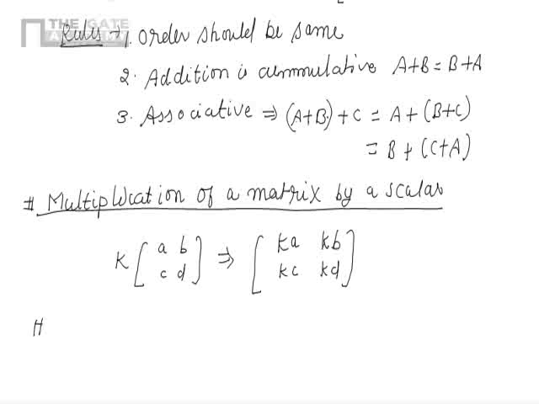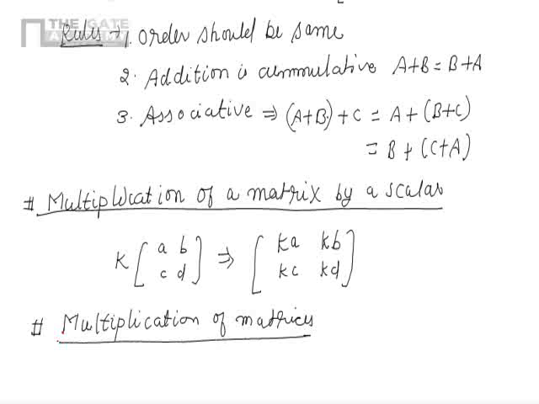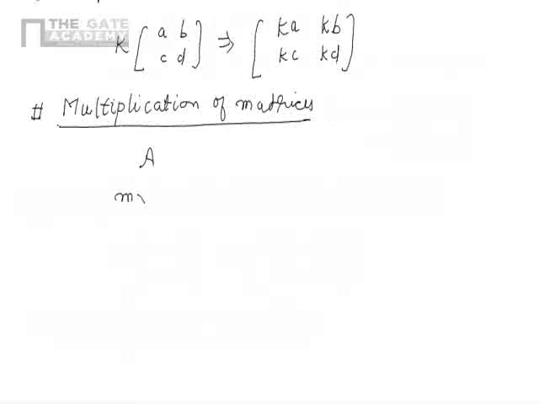Next I will move to the multiplication of matrices. Suppose I want to multiply two matrices. Suppose I have a matrix A whose order is m by n, where m is the number of rows and n is the number of columns, and I have another matrix B which has the order n by p, n rows and p columns.